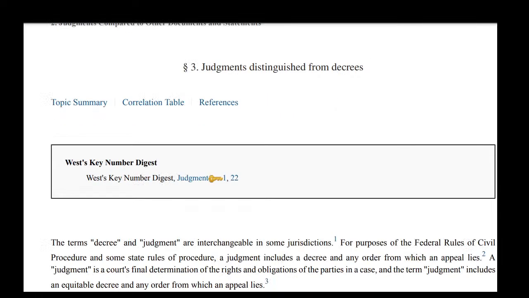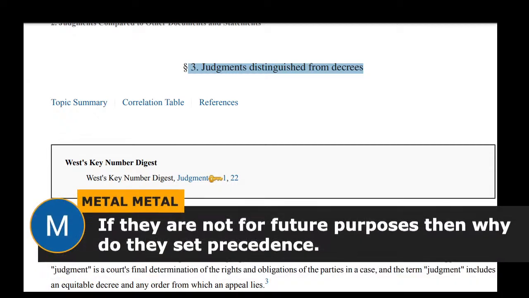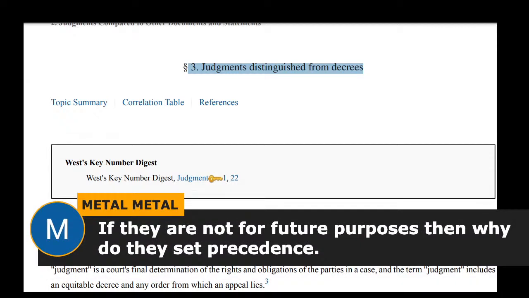All right, we get on to Section 3, Judgments, distinguished from decrees. That's an interesting one there. Judgments and decrees. Yeah, if they are not for future purposes, then why do they set precedents? That's a misnomer too, because what they are not setting is precedents, but in the future you may refer back to these cases as using the same logical thought patterns in reference to natural justice that would render the same decision, perhaps.